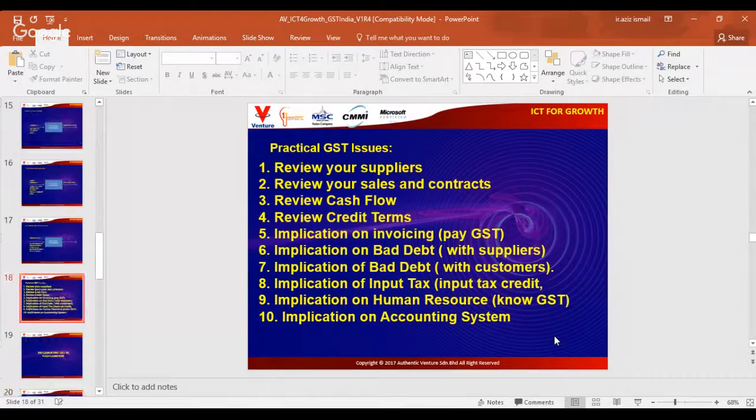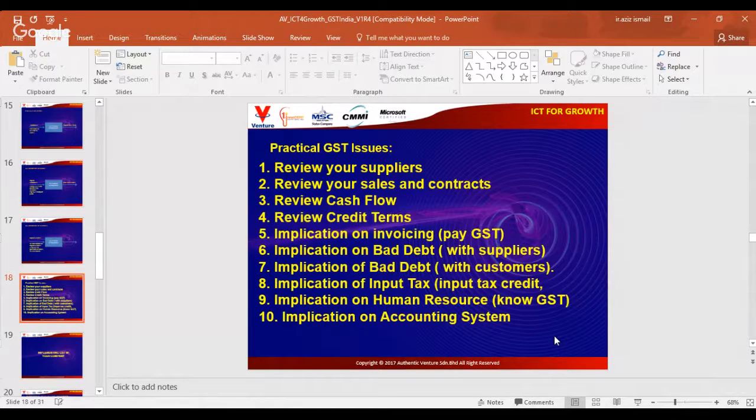So of course, during the GST, you will see that you need to do a lot of review for your supplier, for example, because some suppliers will be GST, some suppliers will not. Look at your sales and contract, review your cash flow. Basically, you are going to have some issue in the cash flow, I think. Review your credit term, and then implication on invoicing.